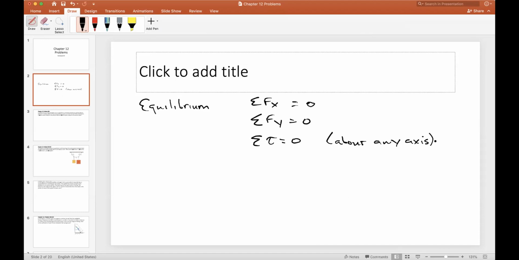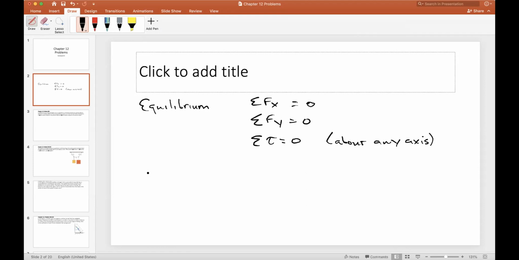So we can use that to eliminate forces we may not know, we may not want to know, or just to make our problems easier to solve. So basically what we do is we pick an axis of rotation, we find all the torques about it, we find all the forces, and we set them all equal to 0. And from there we solve our problem.